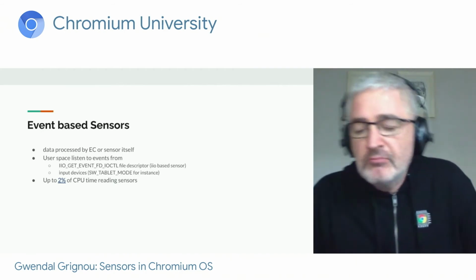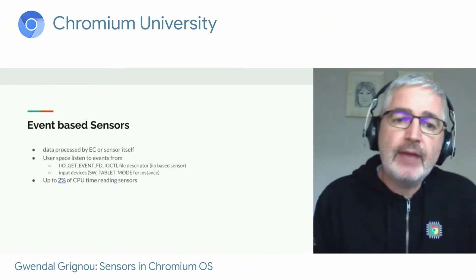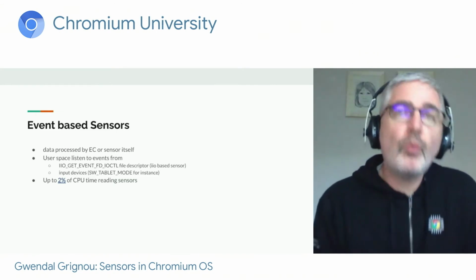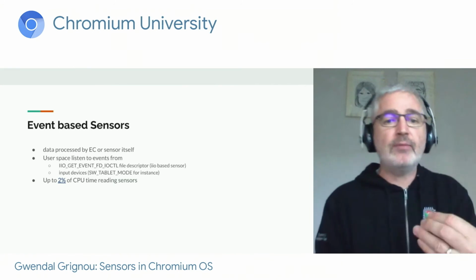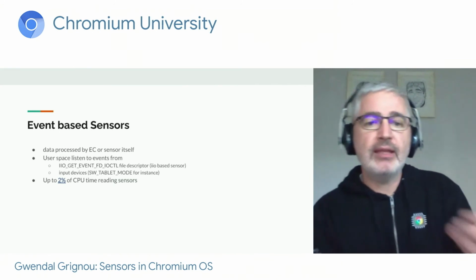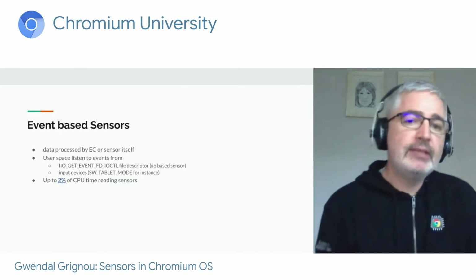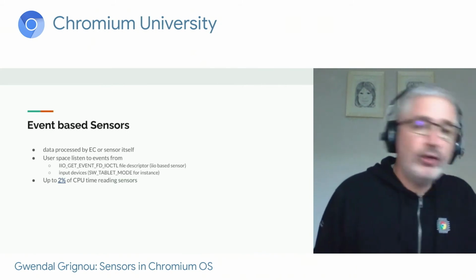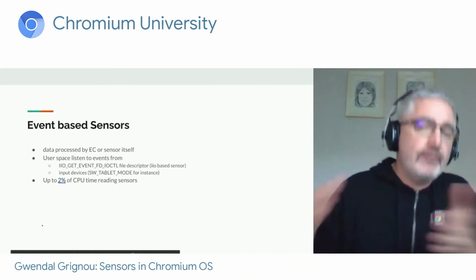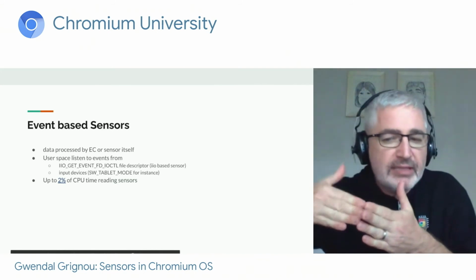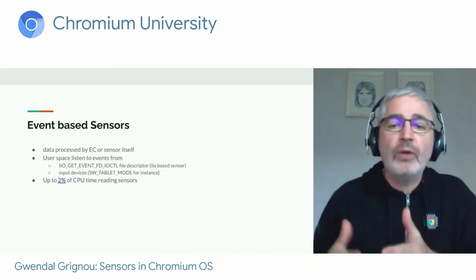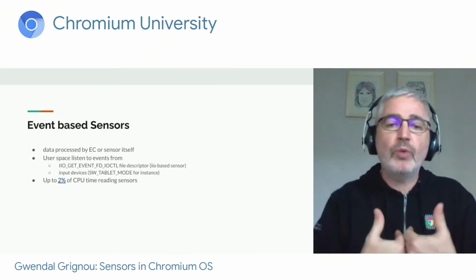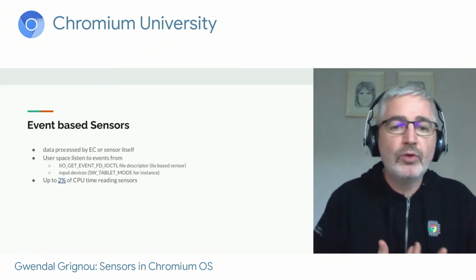So the EC, or actually other sensors, have the concept of an event-based sensor where you are not interested in the data by itself, but you're interested in events. In the case of the lid angle, you don't care whether your angle is 90 degrees, 187 degrees, or 270 degrees. What you care about is: do I go beyond the 180-degree threshold where I need to move to tablet mode?